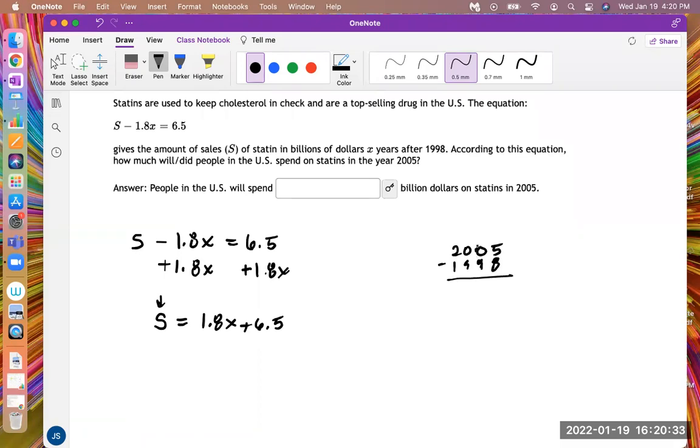So it looks like we would count 2 to 2000 and then 5, so 7, right? So this would be 7. Let's just do that though. Yeah, 7, and then everything else is 0. Okay. So this would be 7 years after 1998.